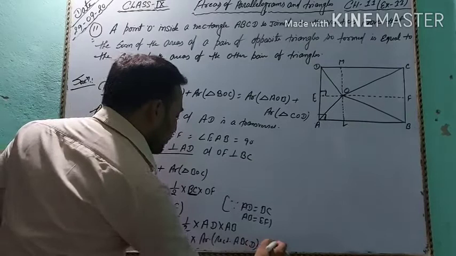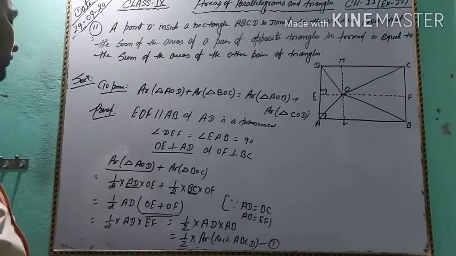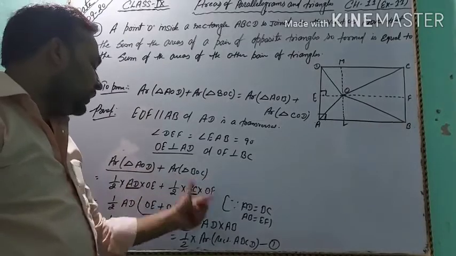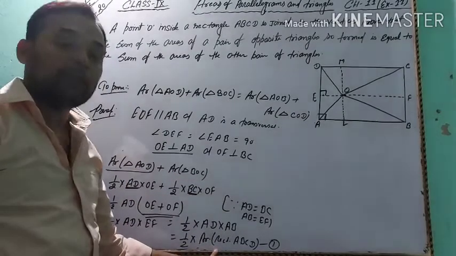This is equation first: area of triangle AOD plus area of triangle BOC is equal to half area of rectangle ABCD.